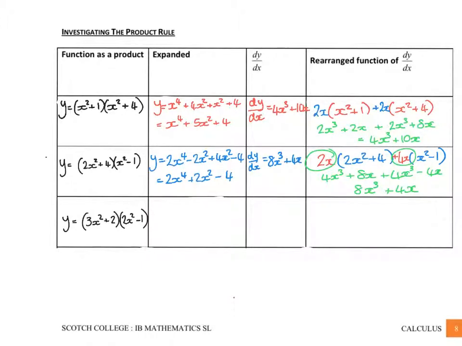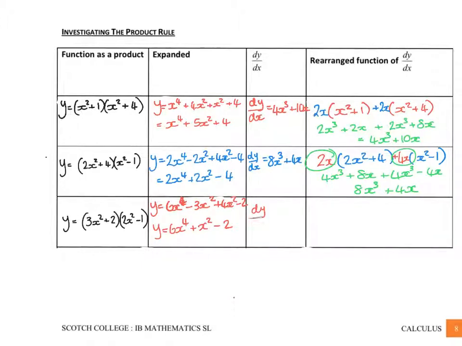And the last one I'm going to do then, expanding it out, y equals 6x squared minus 6x to the 4, that would be, minus 3x squared plus 4x squared minus 2. That is y equals 6x to the 4 plus x squared minus 2.